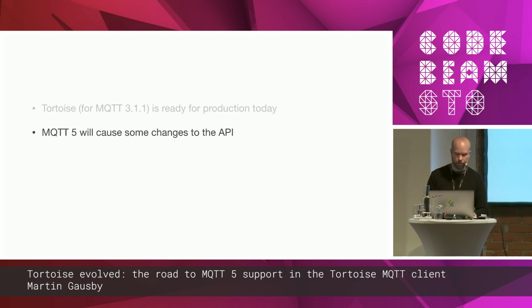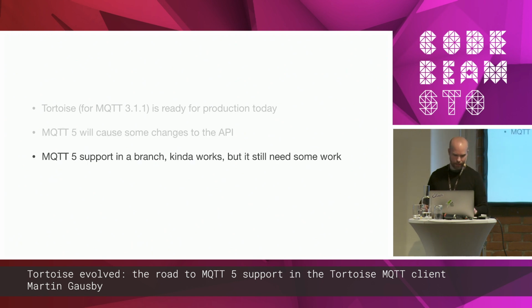And MQTT 5 will cause some changes to the API, and MQTT 5 support is in a branch, and it kind of works, but it still needs some work to be solid.